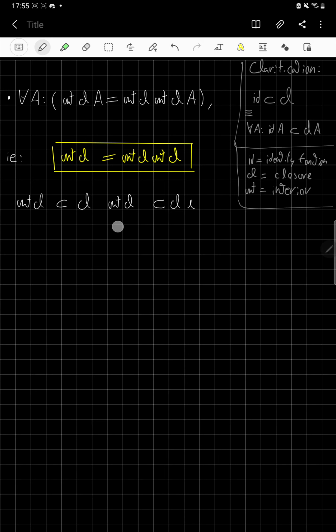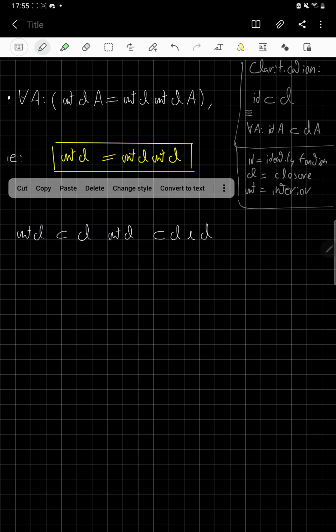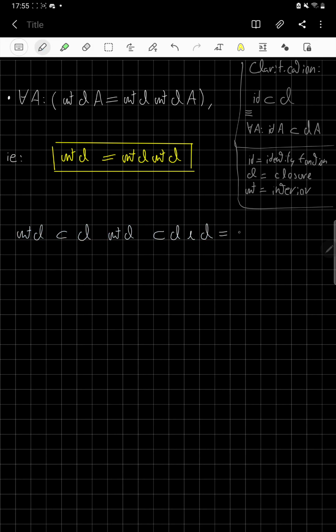So here we substitute by the identity. The closure of the identity of the closure, this is just equal to the closure of the closure, which is just equal to the closure.